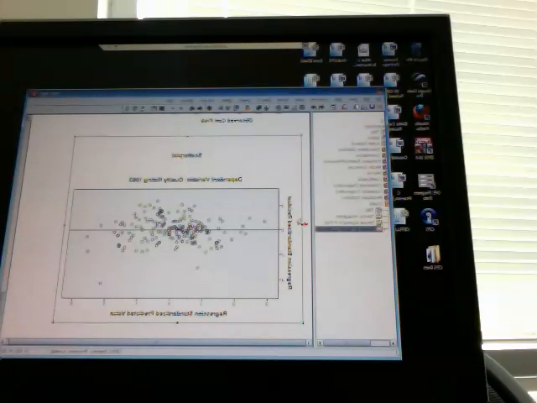Yeah, it's not horrible. We don't have a distinct fan shape, although because you don't have very many scores down here, it's hard to tell. But as you get more and more scores, you see that they kind of go above and below the line. You don't have many scores down here.